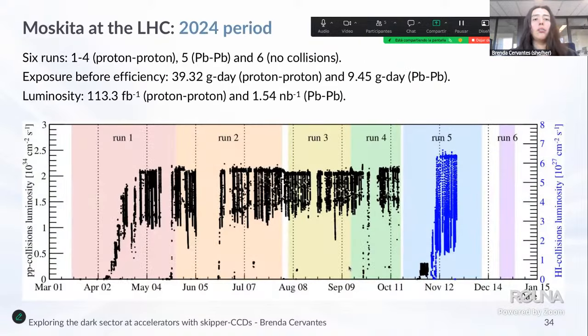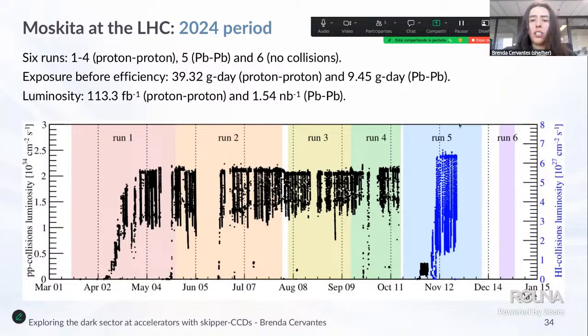During 2024, we collected data almost the whole year, with just very few periods without data. The black points correspond to the proton-proton collisions, this is the luminosity recorded by CMS, and the colored backgrounds correspond to our runs.